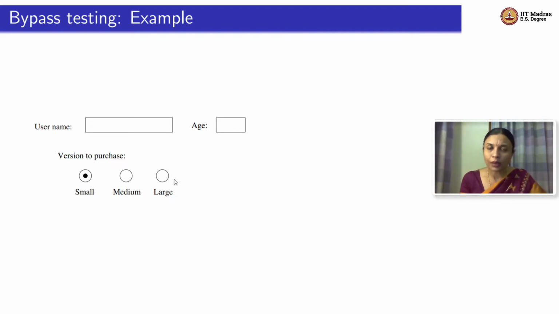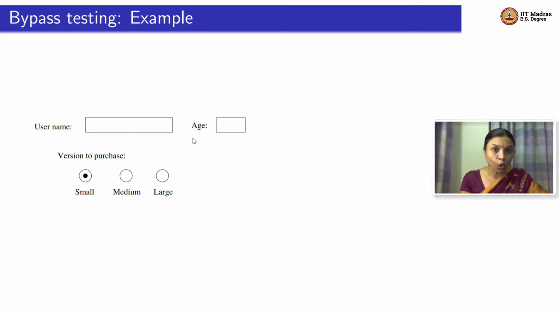Under nominal circumstances, for a correct input, you would expect the username to be a valid name. It should not have special characters. You would expect age to be a valid age, let's say some number between 18 and let's say 100, and then one of these versions to be chosen. So this is the user interface that provides a form for a client to fill up some information. What is going to be the code underlying this form?